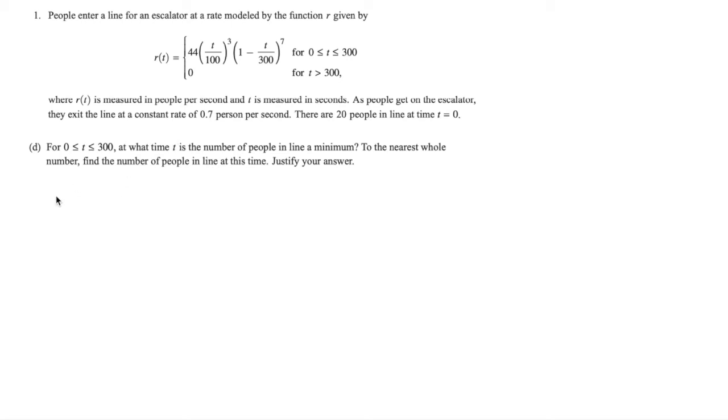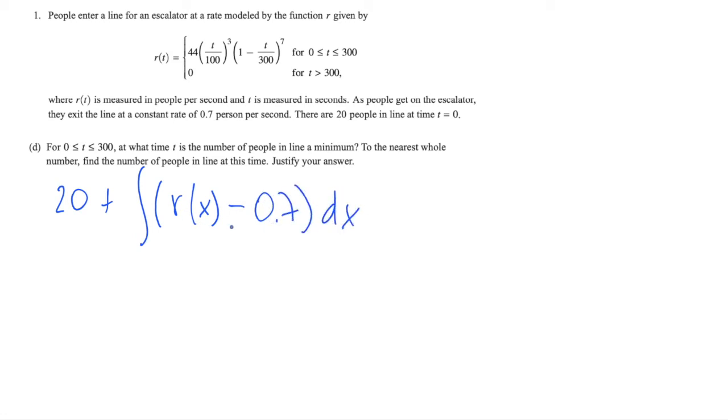We saw in that video that the total number of people in line at time t was 20 plus the integral of the rate at which people are entering, and we subtracted the rate at which people were leaving. Actually, I made a mistake, the dx should be at the end, minus 0.7, because we are integrating the subtraction.